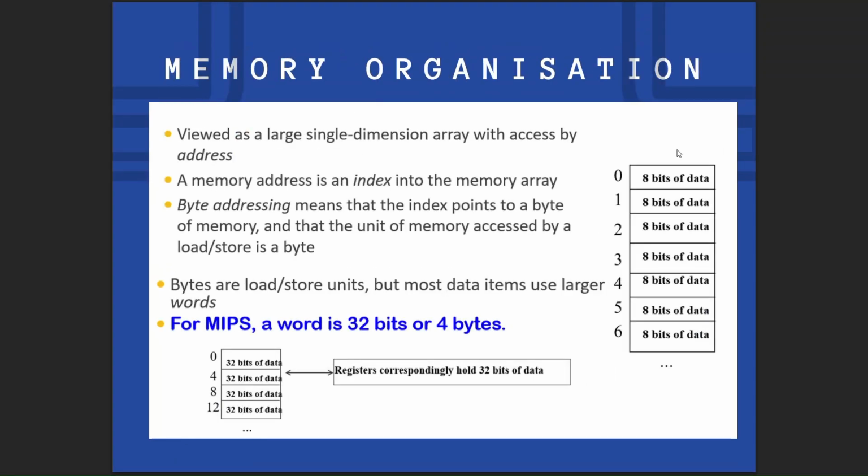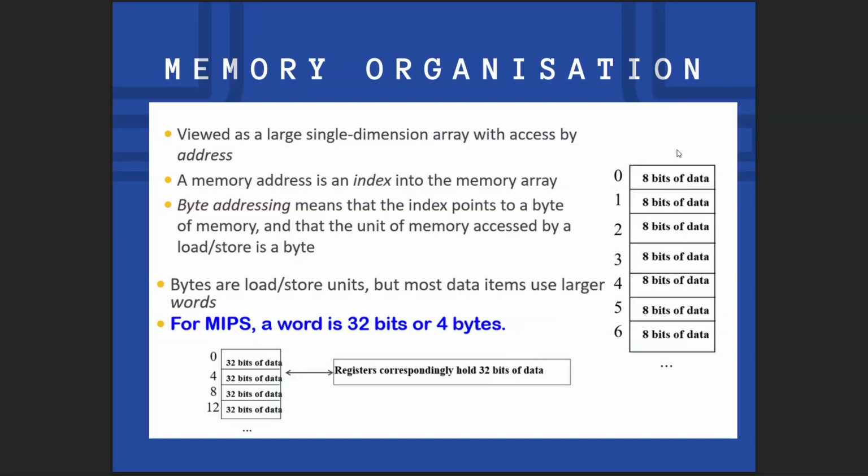Here we explain how memory is organized in MIPS. Memory is viewed as a large single-dimension array with each location accessible by an address. A memory address is simply an index into the array. MIPS uses byte addressing, which means each address points to a single byte of memory.